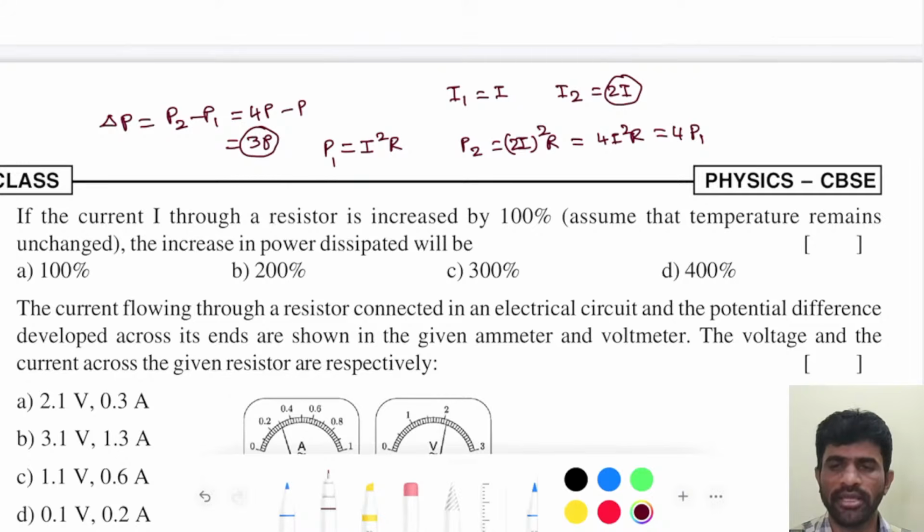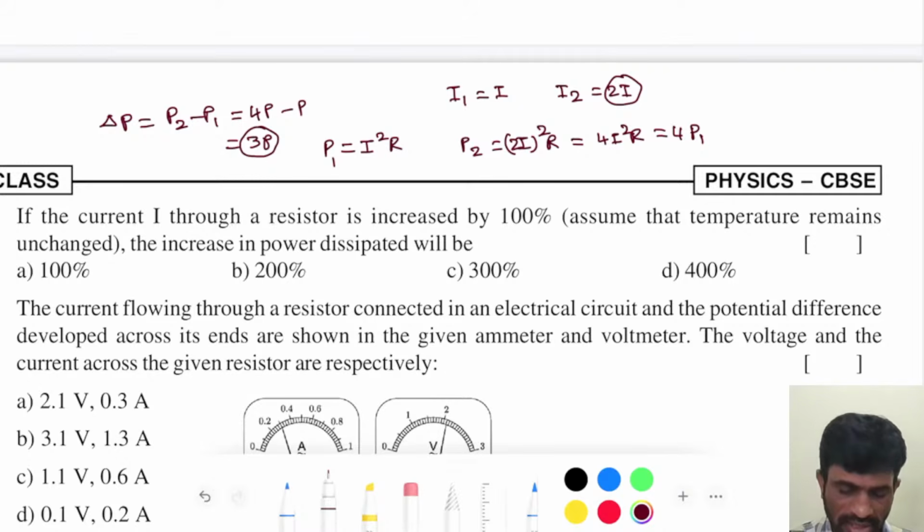Initially power is I square R, but after you change the current by 100%, that is doubled, it becomes 4I square R, which is 4 times P1 again. So we get 4P minus P, which is 3 times increased.